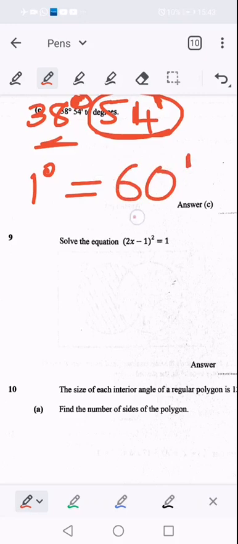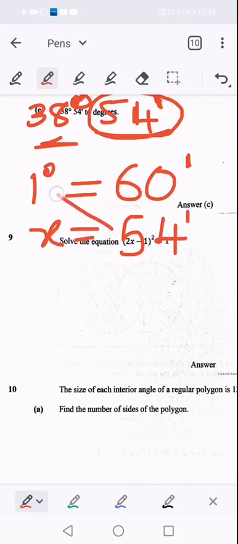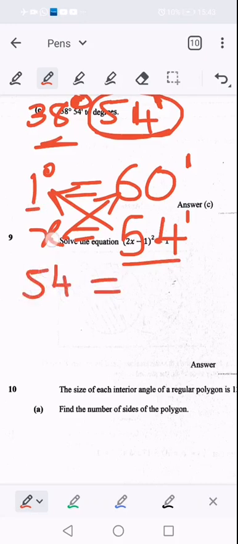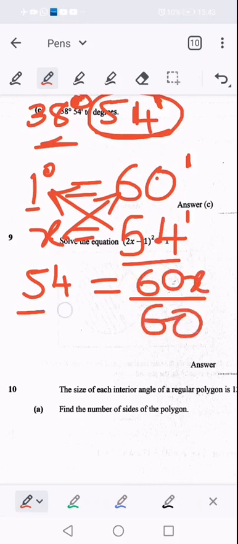What about 54 minutes? We don't know, so it is x. You see, we use cross multiplication. This is simple proportion, which appears on almost the full paper. I multiply this one times this one, 54 is equal to x times 60, 60x. To get x, we divide both sides by 60.